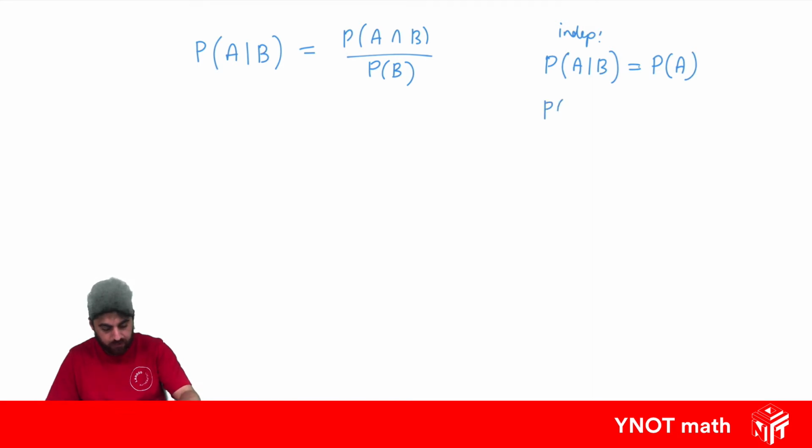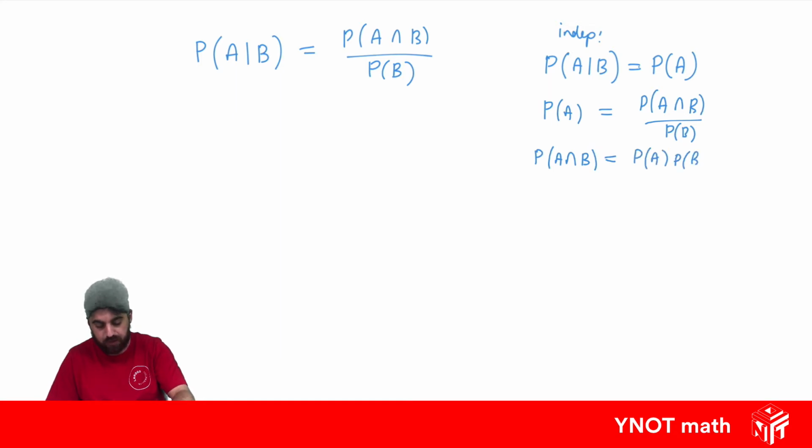So we just get P of A equaling the probability of A intersection B divided by the probability of B, and you multiply both sides by the probability of B, and you get the probability of A intersection B just being the probability of A times the probability of B. And that's only if the events A and B are independent.